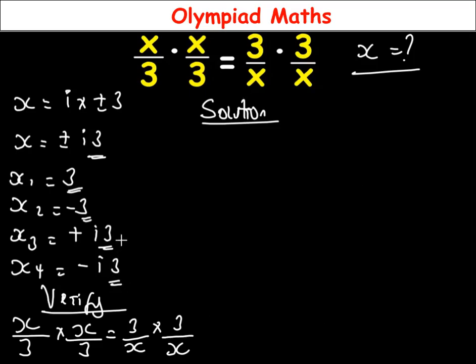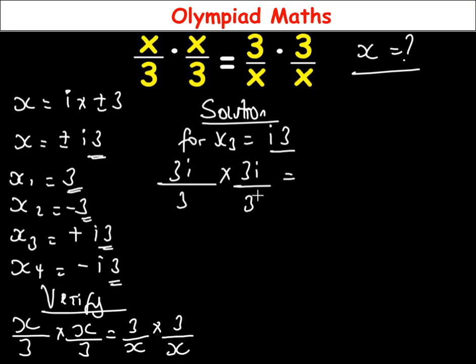Now for the next one, which is x3, which is i times 3, 3i, let's input this value into the equation and check whether it satisfies the equation. So x is 3i, 3i over 3 times x is 3i, 3i over 3 is equal to 3 over x is 3i times 3 over x is 3i.